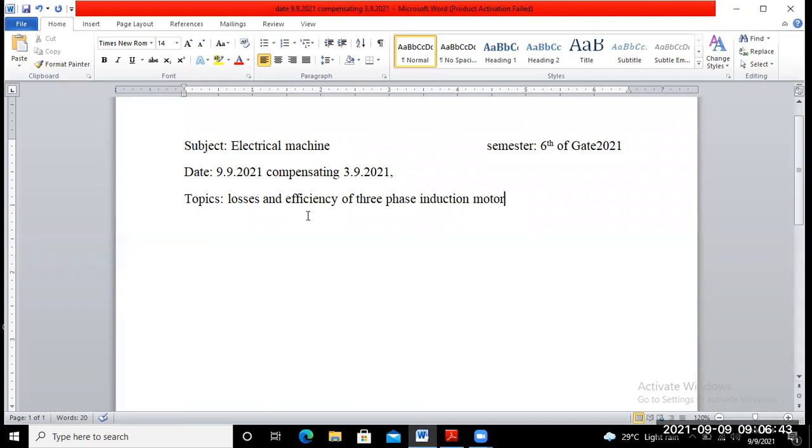So if you have either the output or the input, then you are able to find the efficiency.